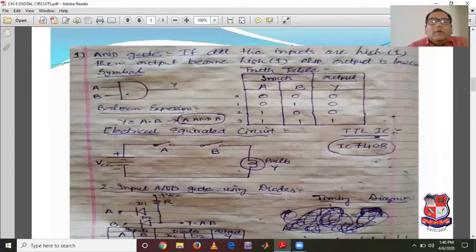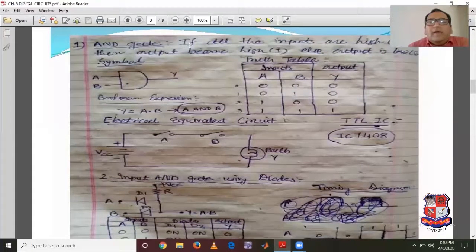I hope you have written all the details. I am repeating again: first the definition, then the symbol, then the truth table, then the Boolean expression, then the electrical equivalent circuit, then the number of the IC, meaning here we are using a TTL IC.